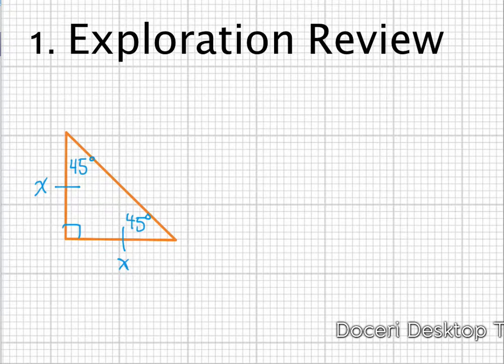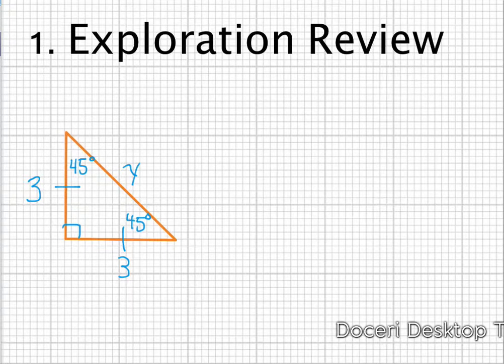So here's where we developed a specific situation. I believe in the investigation, the first example was 3 and 3 here. So they said, using the Pythagorean theorem, what is the hypotenuse going to equal?